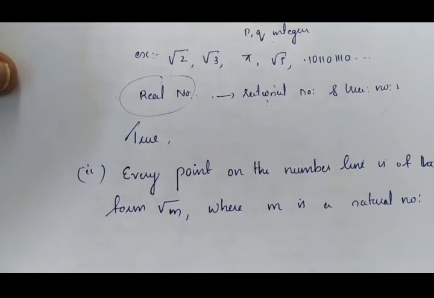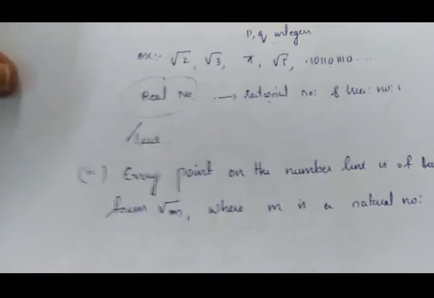Once again, the statement is, every point on the number line is of the form root m, where m is a natural number. Consider a number line.